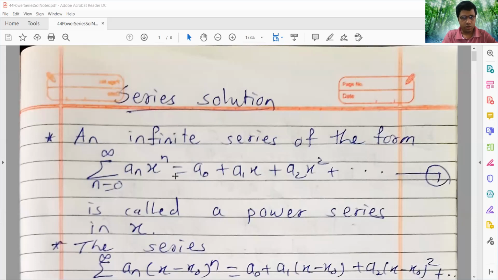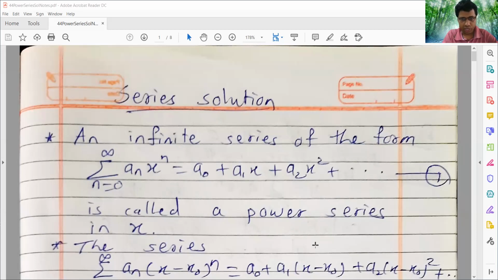Dear students, now we discuss the power series method for solving differential equations. An infinite series of the form a0 plus a1x plus a2x squared plus and so on, which we can write as summation n equal to 0 to infinity an x raised to n, is called a power series in variable x.